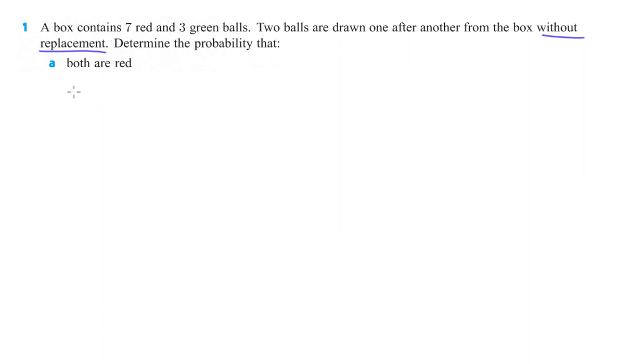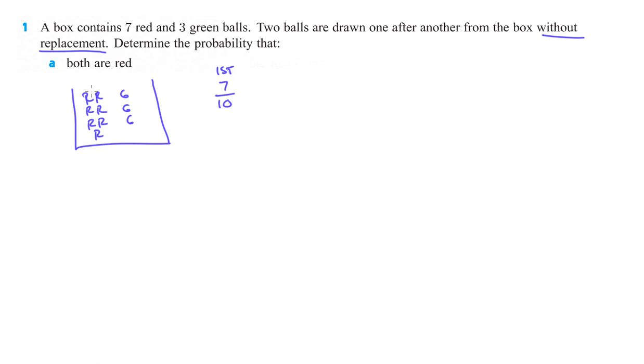So, we got a box here with 7 red, 1, 2, 3, 4, 5, 6, 7, and 3 green, right? 2 balls are drawn one after another without replacement. Determine probability that they are both red. So the probability of getting red on the first draw is going to be there's 7 available out of a total 10, right?